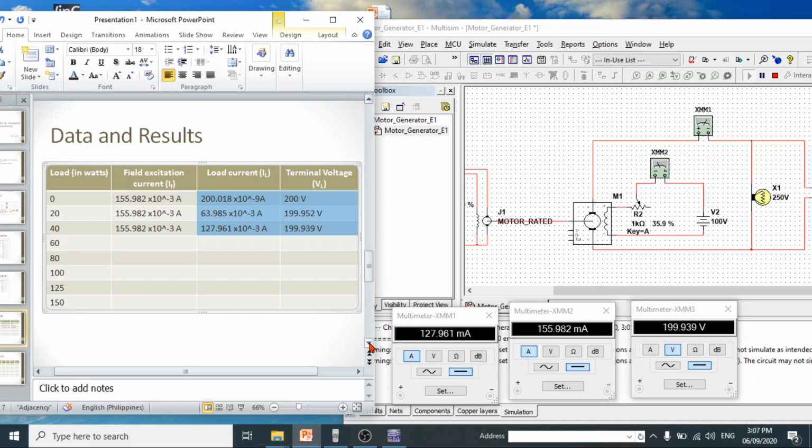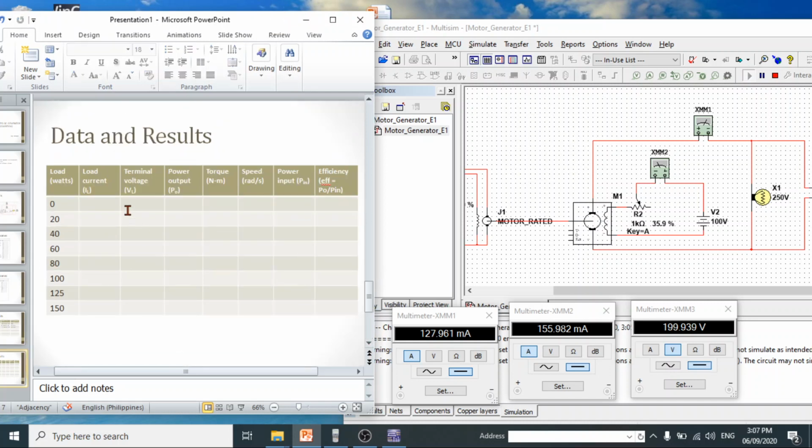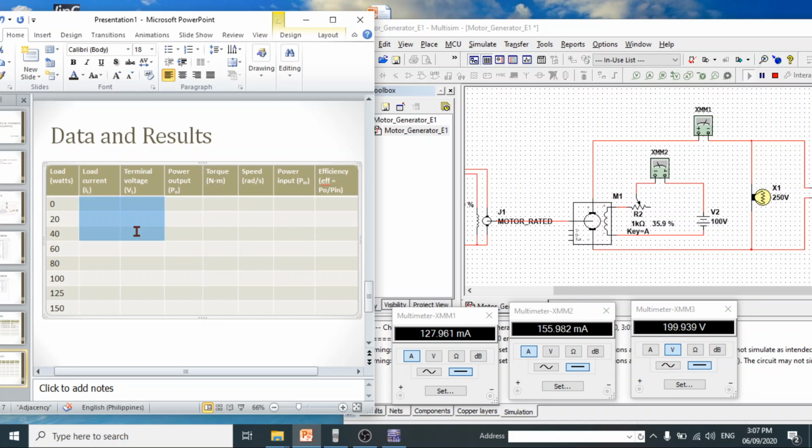Those are the first three data of the experiment, so they would be the same.